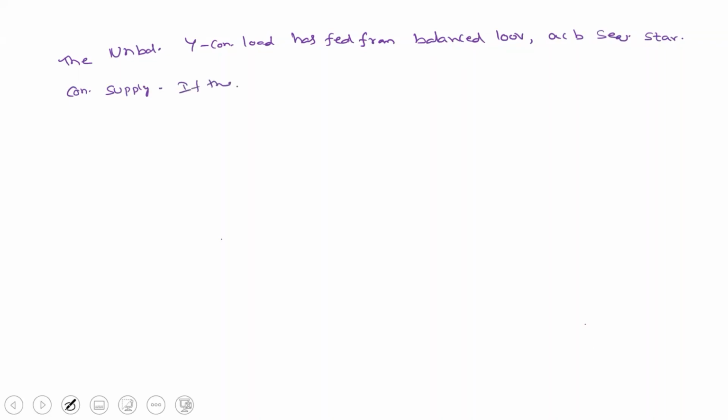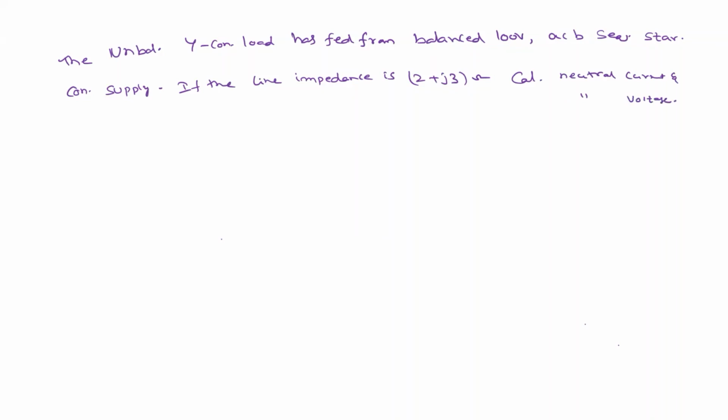If the line impedance is 2 plus J3 ohm, calculate the neutral current and neutral voltage.